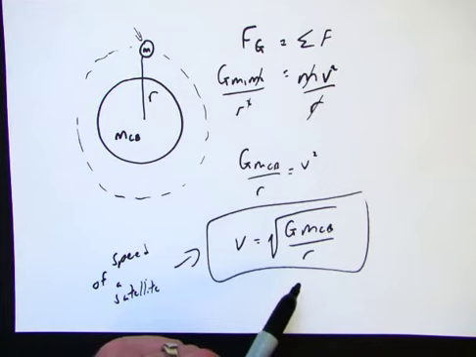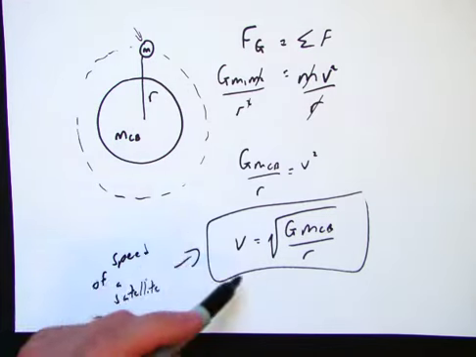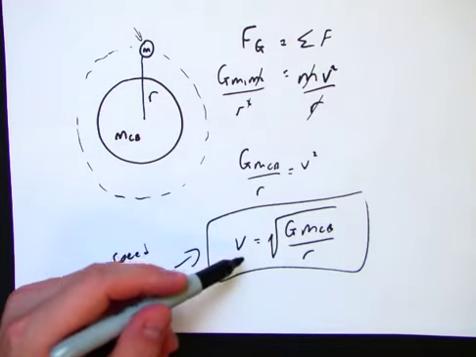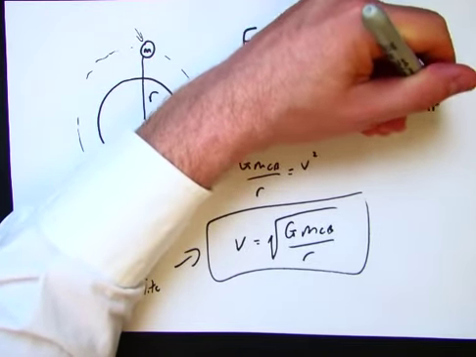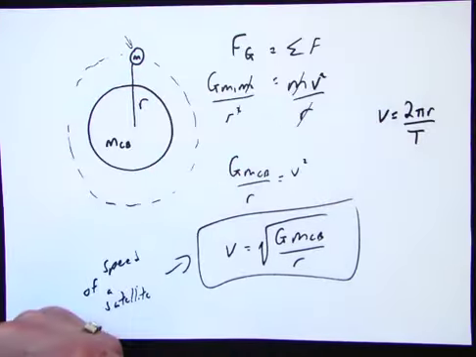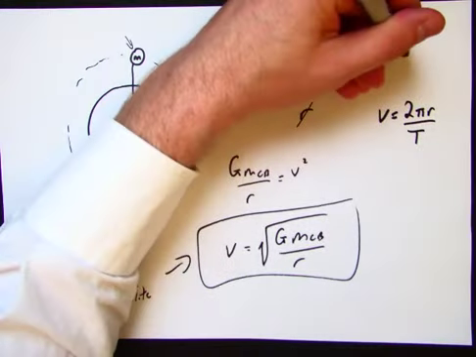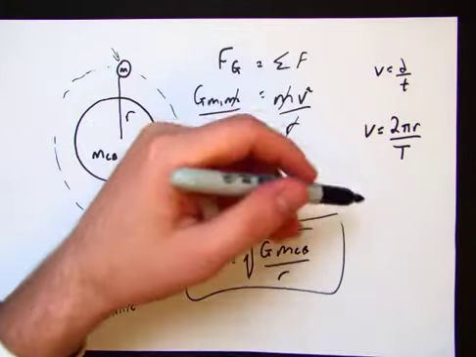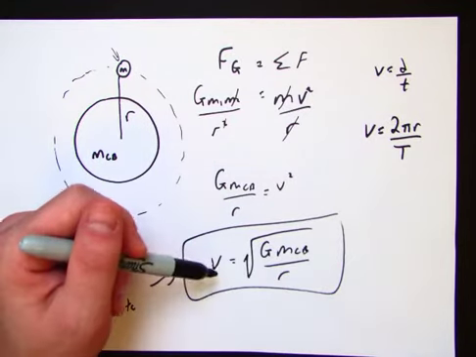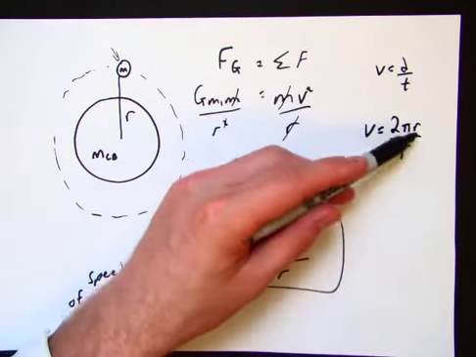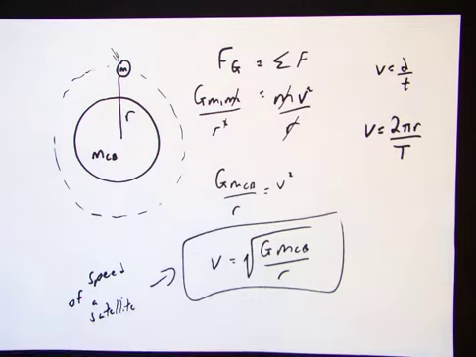Now, this formula is very, very useful in terms of calculating things. Just keep in mind here that v could also be equal to 2 pi r over the period. And this is just basically to remind you, v equals d over t from circular motion. Keep these things in mind because sometimes it's useful, instead of figuring out what v is, to figure out what the period is. And if you know r, you could substitute and actually find that as well.